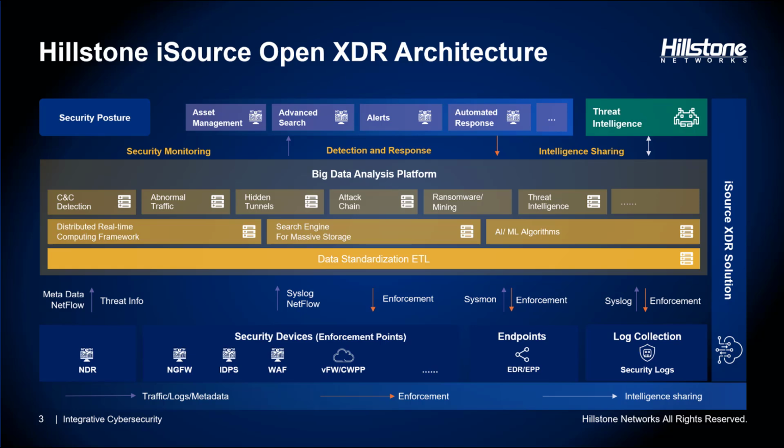So about the data, the next part is about where the data comes from, right? iSource can ingest data from a wide range of sources, collecting traffic, logs, and metadata from security devices like NG firewalls, IPS, NDR systems, WAFs. It also works with endpoint agents like EDRs and EPP.